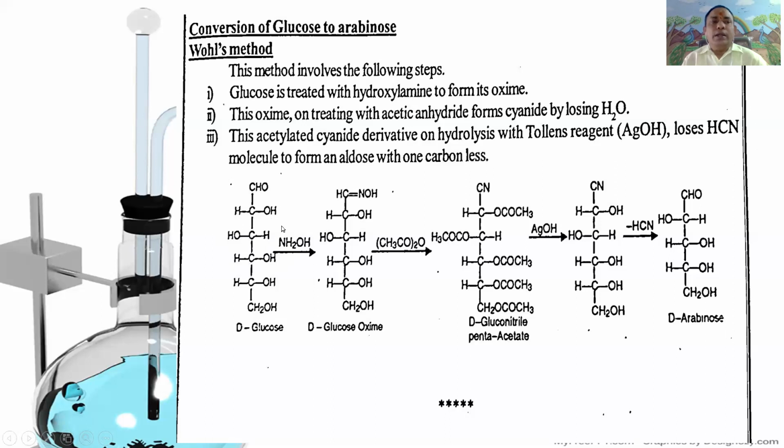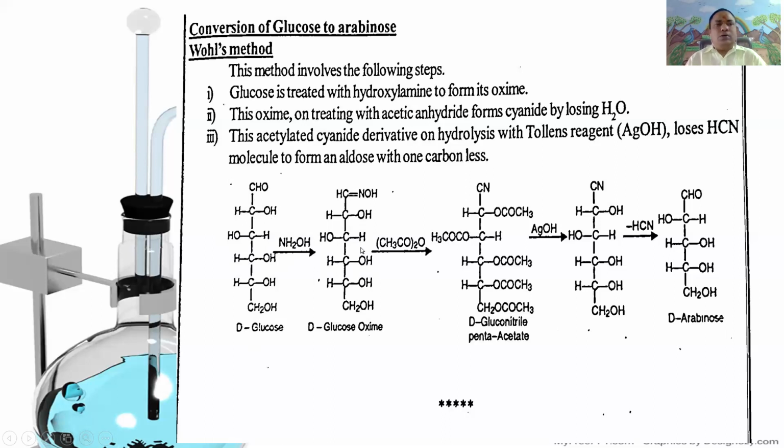Generally, aldehydes upon treatment with hydroxylamine give aldoximes. Similarly, it gives D-glucose oxime: CH double bond NOH, CHOH, CHOH, CHOH, CHOH, CH2OH.